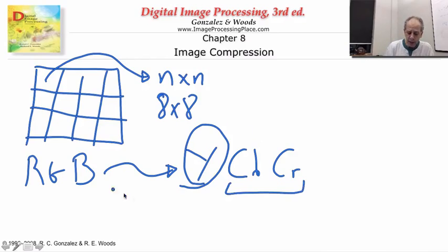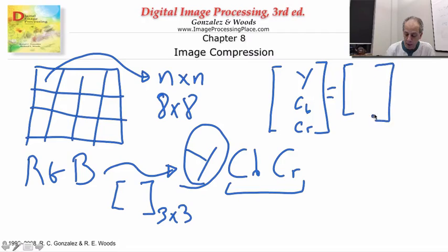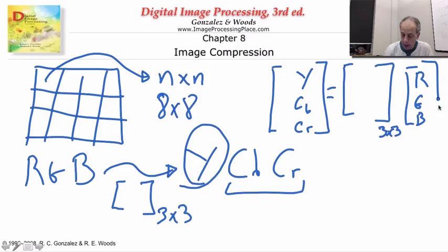Okay? And this is a very simple transform. This is actually done by a 3 by 3 matrix. So you are going to have your Y, Cb, Cr as a column. You have a 3 by 3 matrix here, and you have your RGB values.